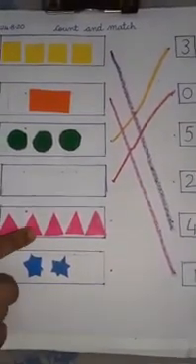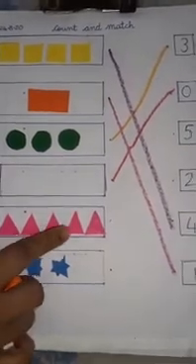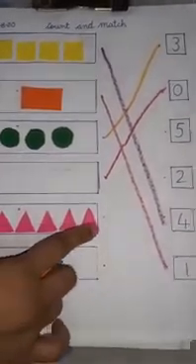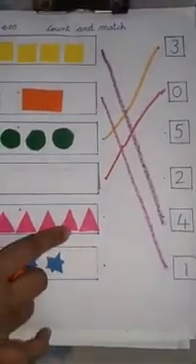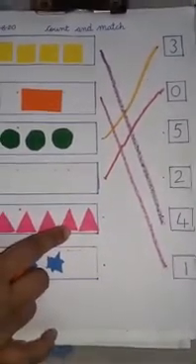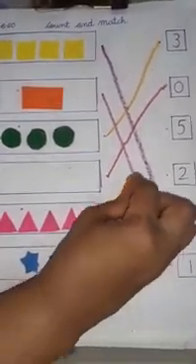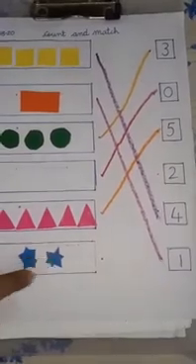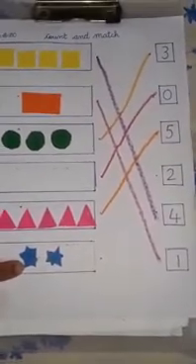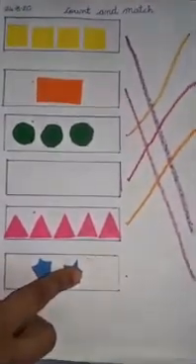Let's count the triangles. 1, 2, 3, 4 and 5. We have 5 triangles, so we will match it to number 5. And we have 2 stars, 1 and 2.